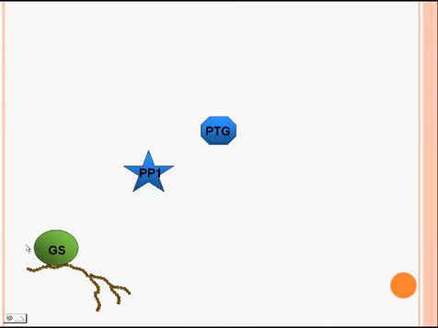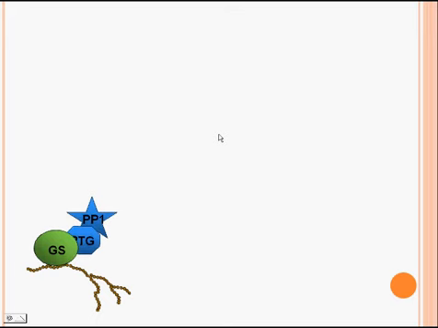Now, how does glycogen synthase get activated? Glycogen synthase, the enzyme, gets activated by this other protein called PP1, which is a phosphatase. And what happens is this third protein called PTG takes PP1 onto glycogen synthase, and PP1 acts on glycogen synthase and activates it.